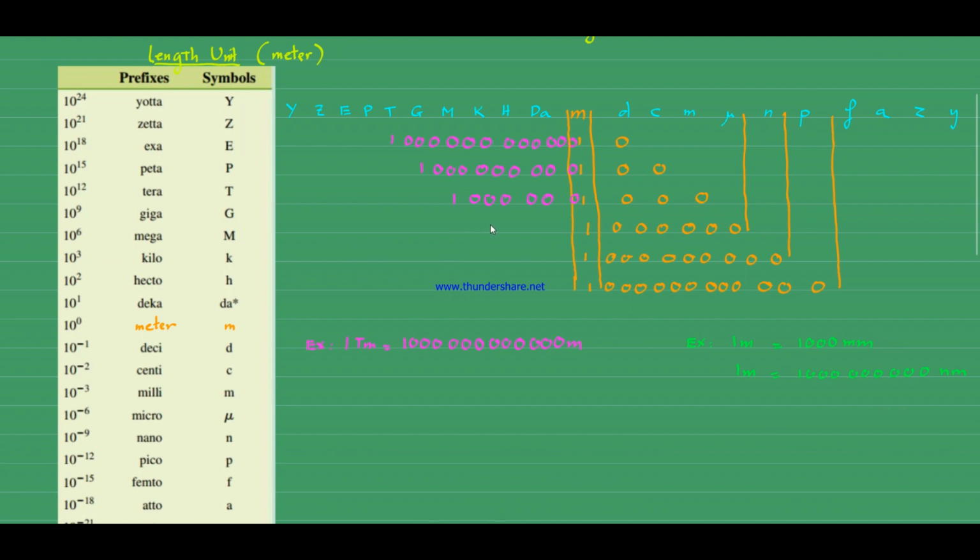Okay, 1 kilometer is 1,000 meter. 1 hectometer is 100 meter, and 1 decameter is 10 meter. Okay, so you can have 6 relations. Of course, you can have more over here, but I don't want to go too far. We barely use this, but you apply the same logic.